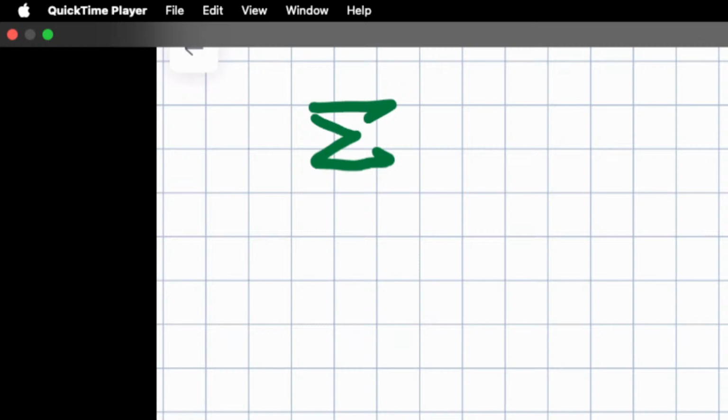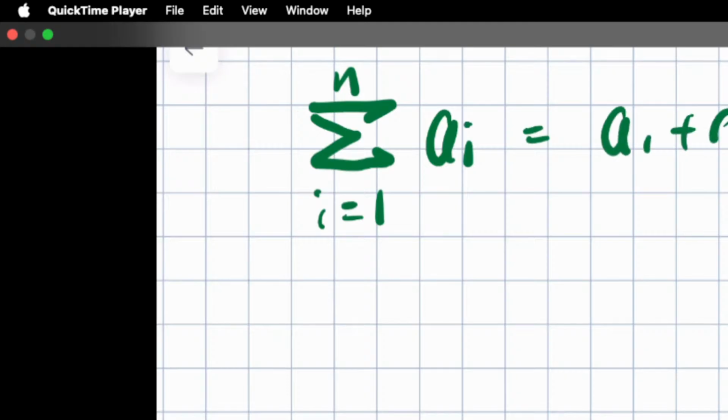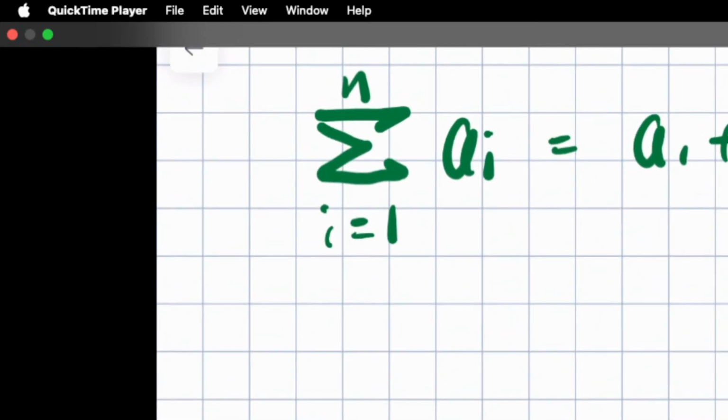Okay, so I will talk about it. This is called sigma notation. This is the first time you see this, or sometimes it's used in competition. This is A1, this means Ai, so this means A1 plus A2 plus A3, and it's basically just adding each thing.